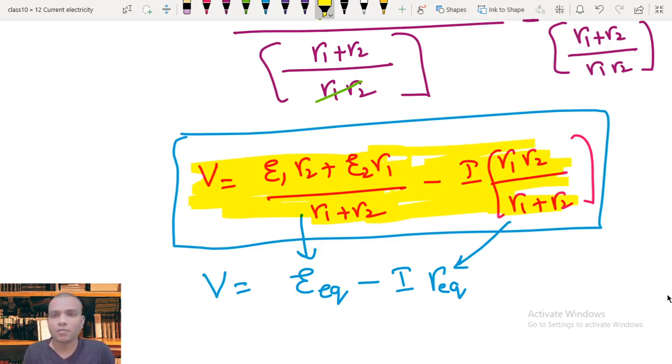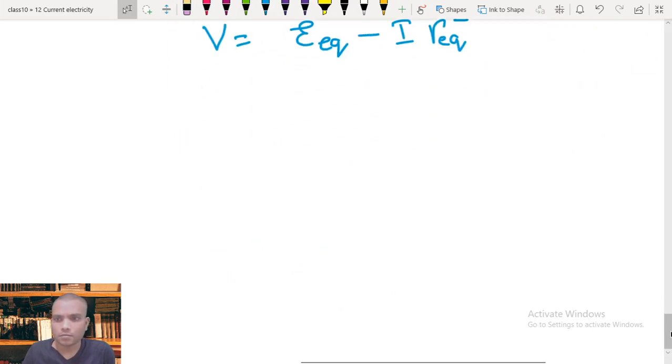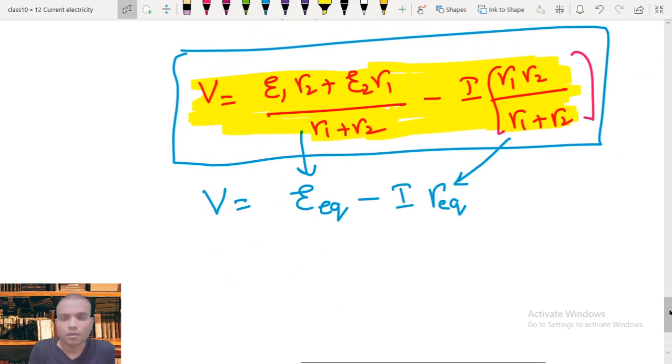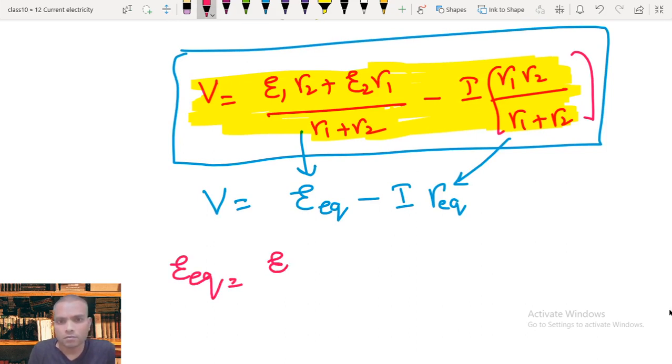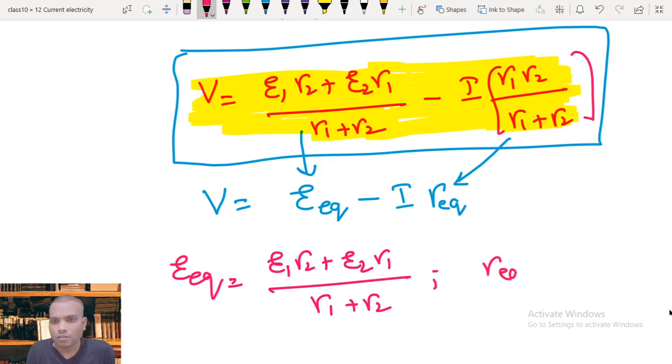Here we can write the EMF equivalent: the value of EMF equivalent equals E1 R2 plus E2 R1 upon R1 plus R2, and R equivalent equals R1 R2 upon R1 plus R2.